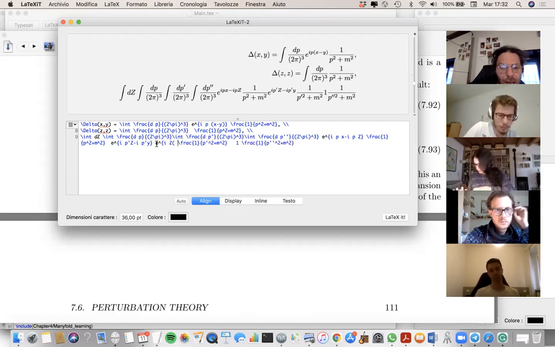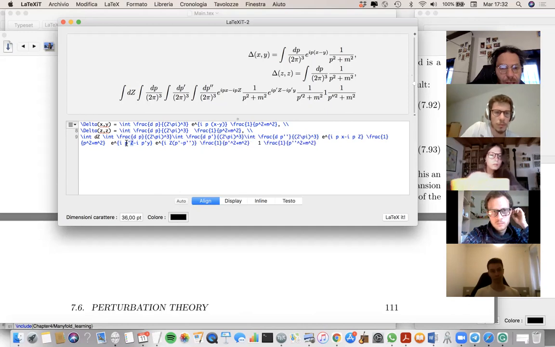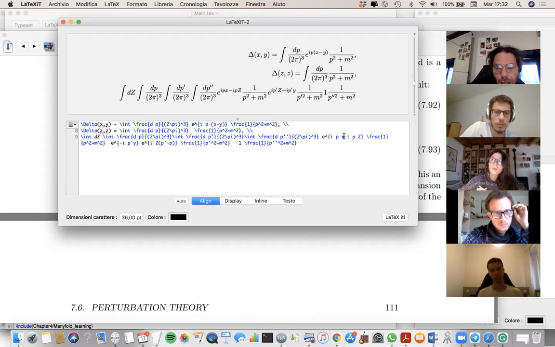And in the z, I will get p prime minus p double prime, and I take out from here. So p prime and p, not p prime and double prime, p prime and p.